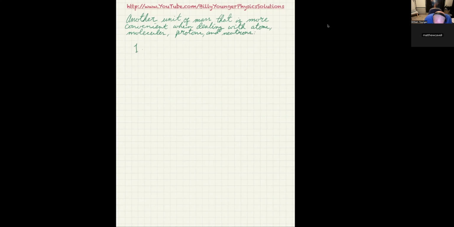And that unit is given by the symbol lowercase u, which I will tell you is equal to about 1.6605 times 10 to the negative 27 kilograms.